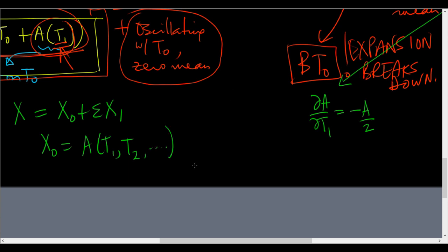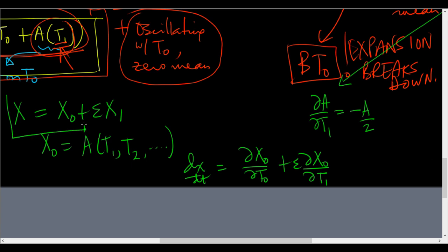So dx dt is equal to del x0 del t0 plus epsilon del x0 del t1 plus, see, x and x0 are close, right?